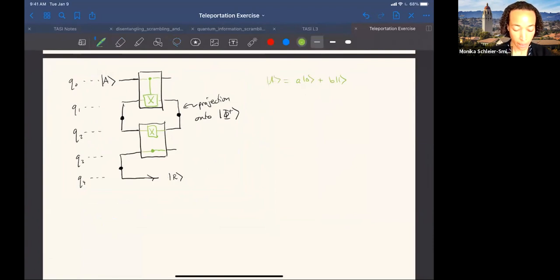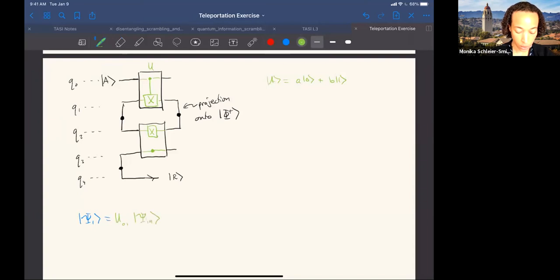And now what this is going to do is convert the input state into, let's define psi1 as this first unitary operator that acts on qubits 0 and 1, acting on my input state.